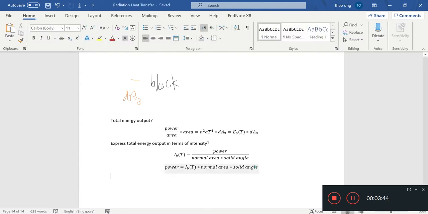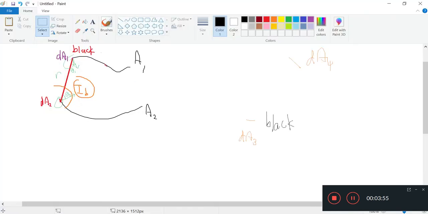And what's the normal area? Normal area is equal to dA3 cosine theta 3. I'll just use the placeholder cosine theta 3 to represent this. We draw a line between these two, and we draw the normal up, and we say this is theta 3.